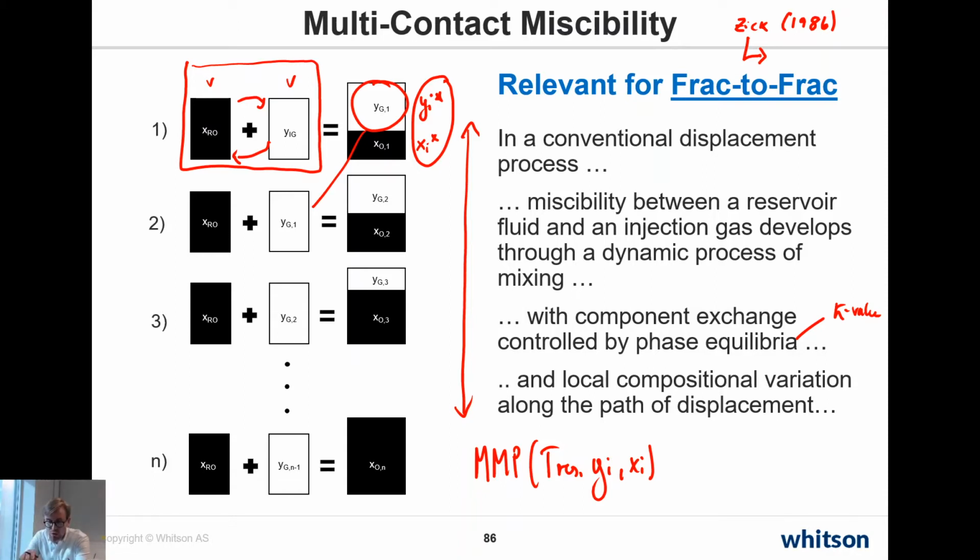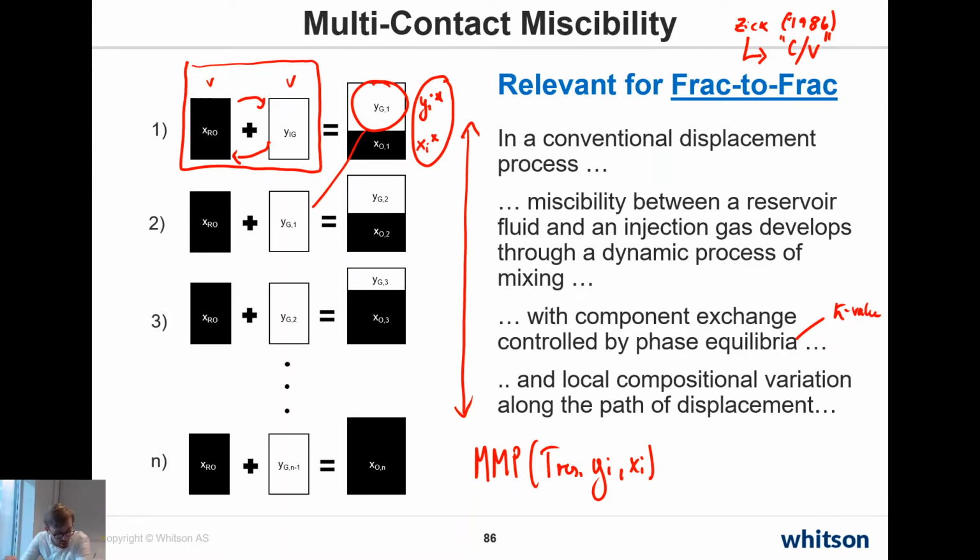But if you'd like to understand this complex, continuous dynamic process of constantly changing compositions, where you get this multi-contact miscibility process, that's the go-to paper by Aaron Zick. He has written one paper for SPE in his entire life, and in this paper he essentially identified the most common mechanism, the combined condensing vaporizing drive mechanism.